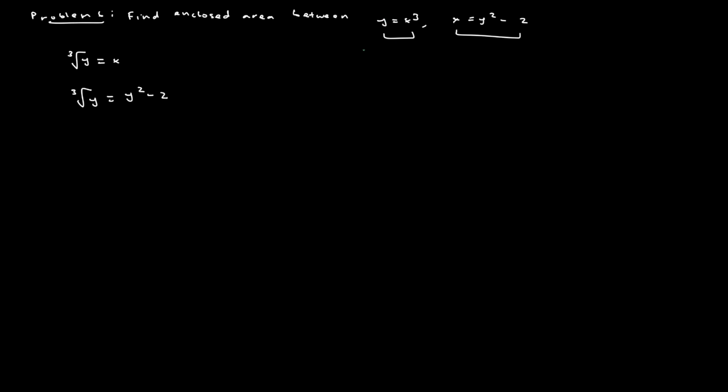It turns out, I don't think you can do this analytically. You'd have to use the calculator to find out where the points intersect, and you'd get that the points intersect at y is equal to negative 1 and y is equal to 1.793.